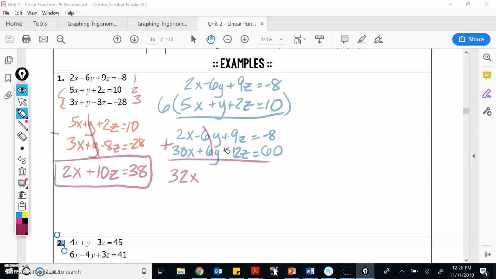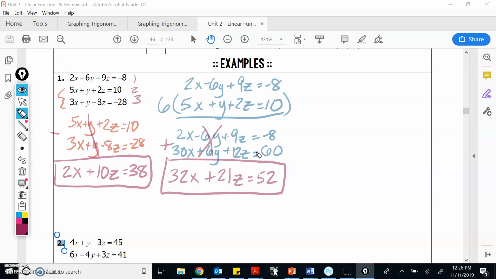The y's cancel, and notice that it's not a coincidence: whatever variable we crossed out here, in this case the y's, we also need to cross out the same variable, the y's, from the second time we do elimination with two other equations. So you've got to do either x or x, y or y, or z or z. Plus 21z equals 52.